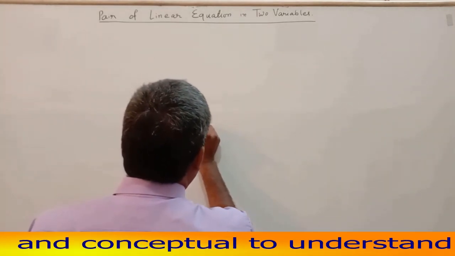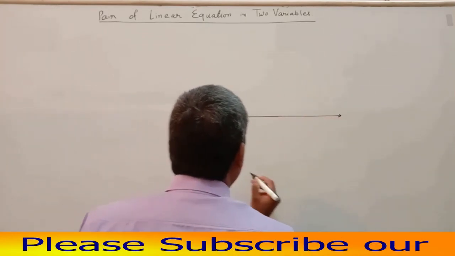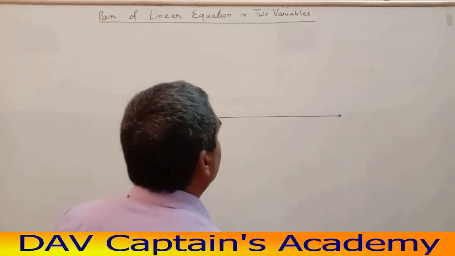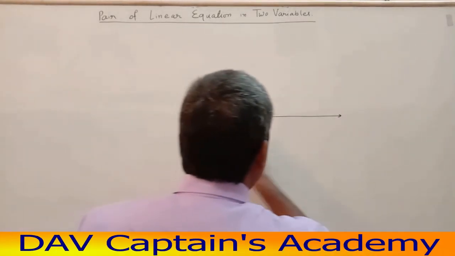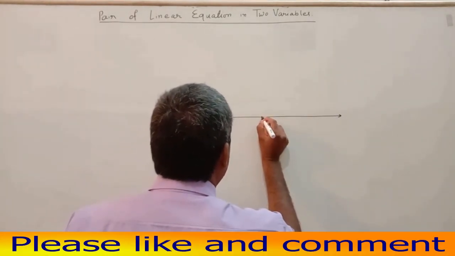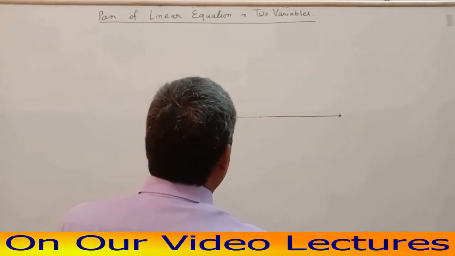As we know, this is a straight line, and a line is a set of points.